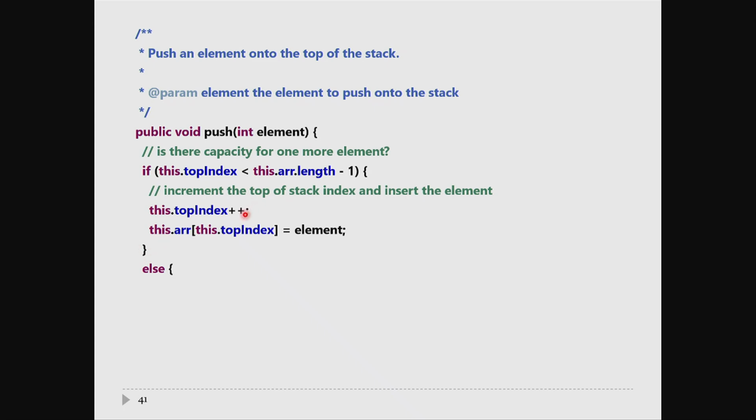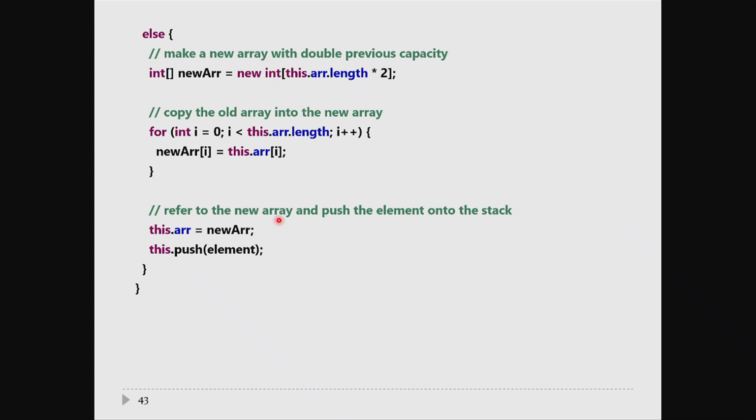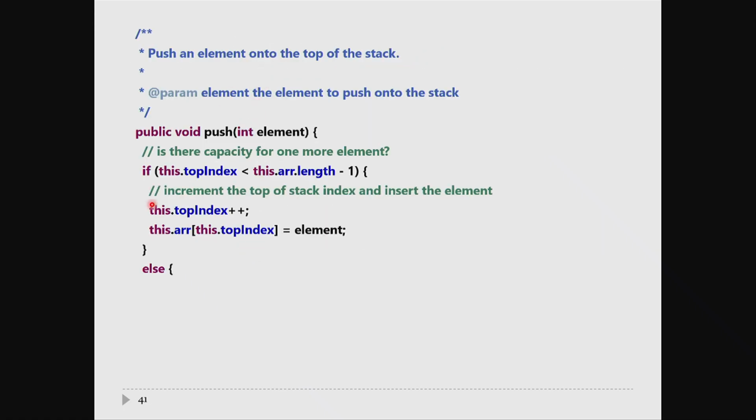It just increments the top index, sets the element at the top index, and you're finished. When you have to add capacity, it's recursive. It increases the capacity of the existing array and then recursively calls itself. On the recursive call, it'll end up in the base case, and it'll just go ahead and increment the top index and then assign the element to the top index.